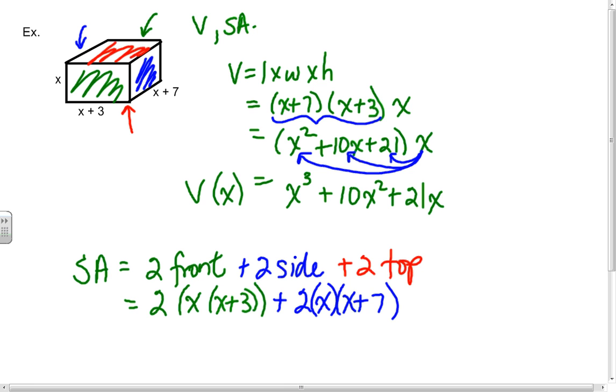The top and the bottom, I have 2 of the same, and it is x plus 3 times x plus 7. So that is an expression for the surface area. It's just kind of nasty, and we're going to tidy it up a little bit.